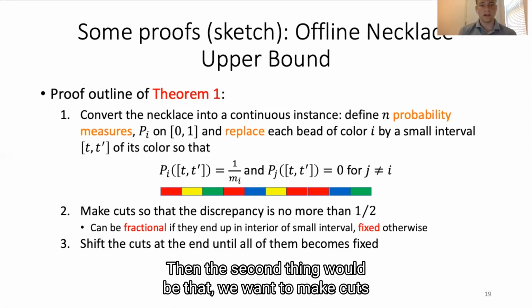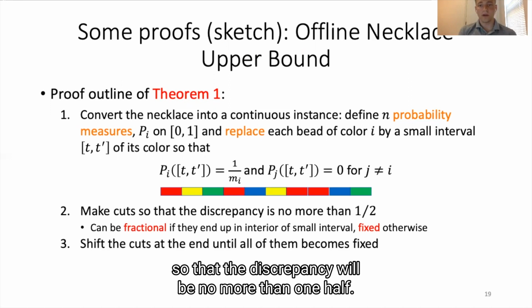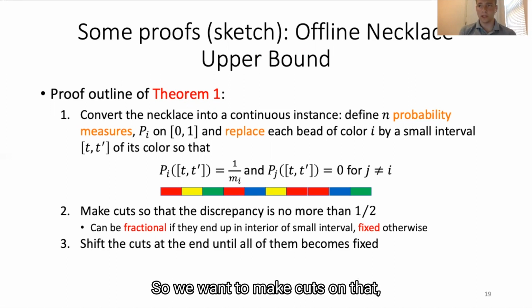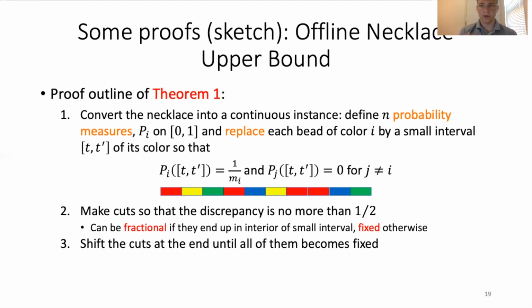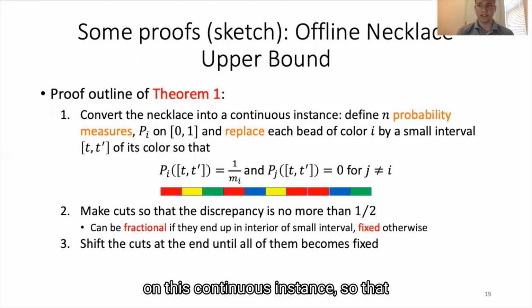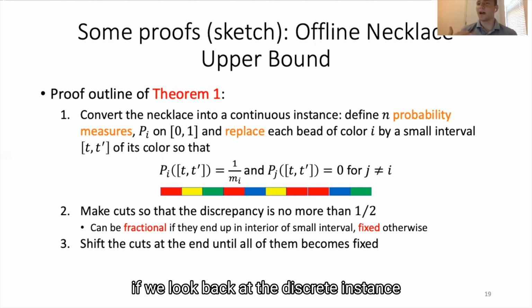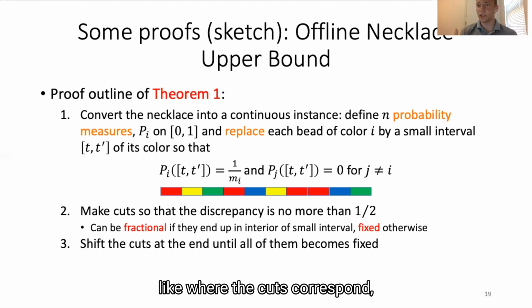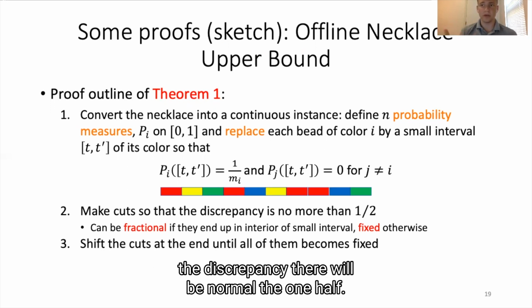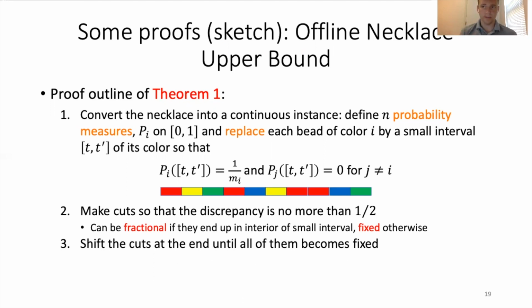Then the second thing would be that we want to make cuts so that the discrepancy will be no more than 1/2. So we want to make cuts on this continuous instance, so that if we look back at the discrete instance, where the cuts correspond, the discrepancy there will be no more than 1/2.